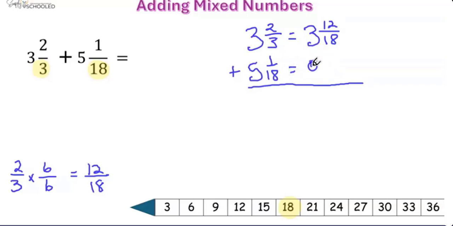And I don't have to change the denominator for 5 and 1/18 because it's already 18. Now I can add my fractions. Remember, the denominator stays the same. I add the numerators. 12 plus 1 is 13. And then I add the whole numbers. 3 plus 5 is 8. So that is how you add mixed numbers.